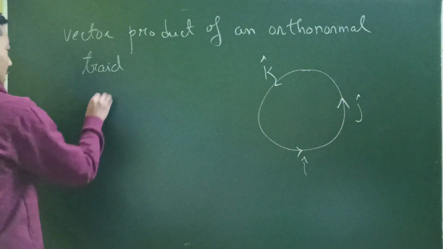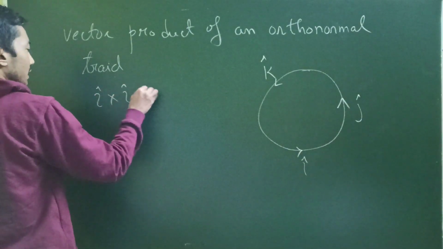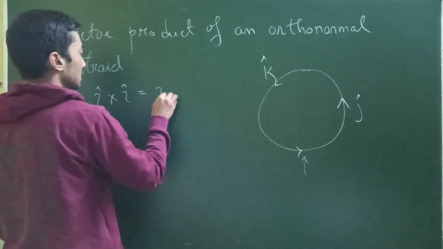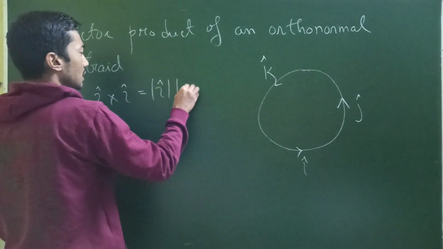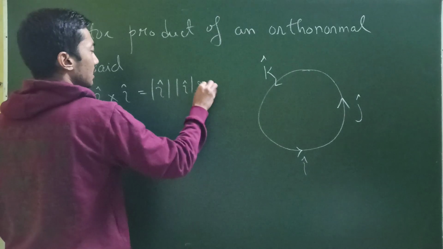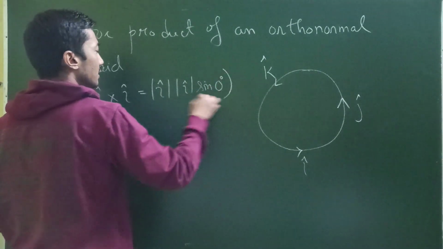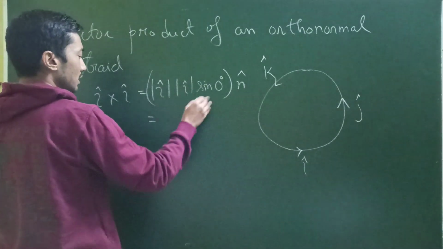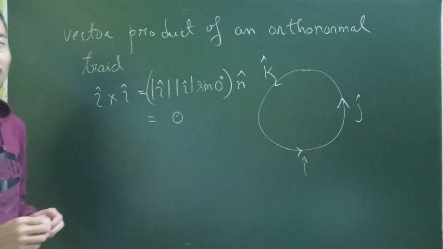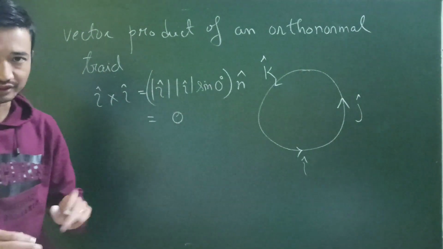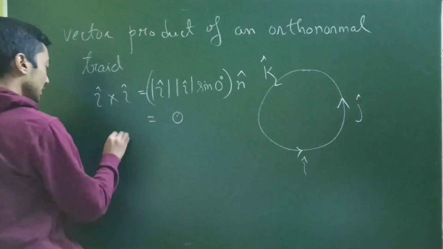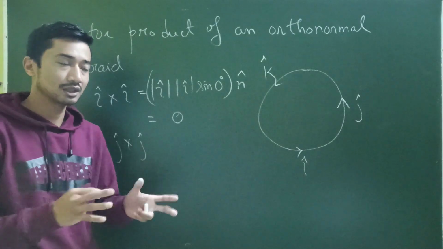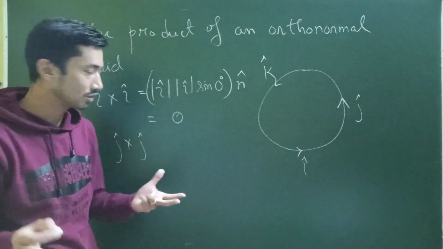Alright. What will be I cross I? Let me just derive that one. I cross I is magnitude of I, magnitude of I, sine 0 degree, upon the unit vector. Let's keep that unit vector as it is. That's 1, 1. What is sine 0? 0. So similarly, as we already discussed, cross product of two parallel vectors is always going to be 0.